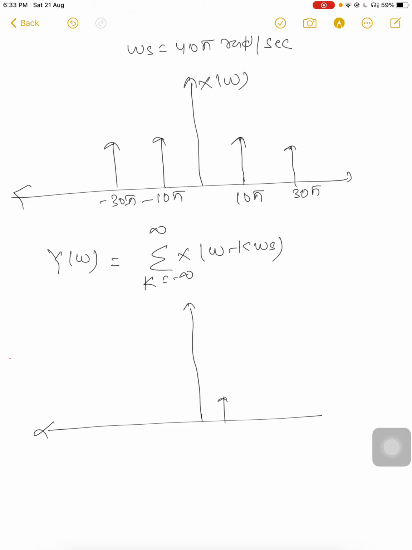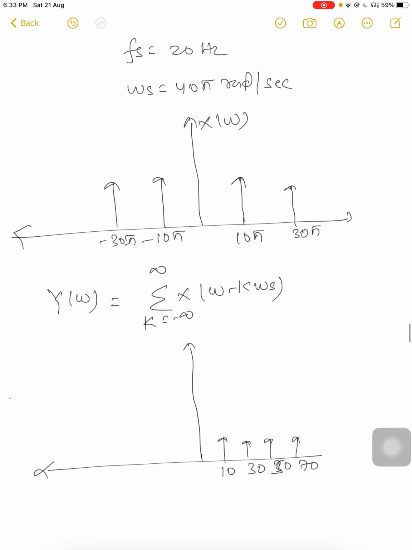So what will happen, what it will become? 10, 30. I'm taking only the positive side, okay, and 50, and you will get this at 70, like this way.